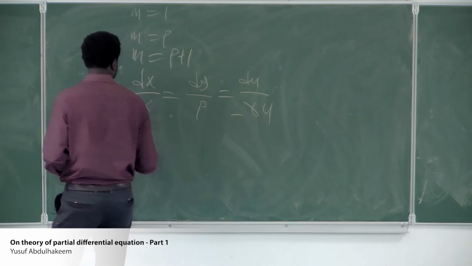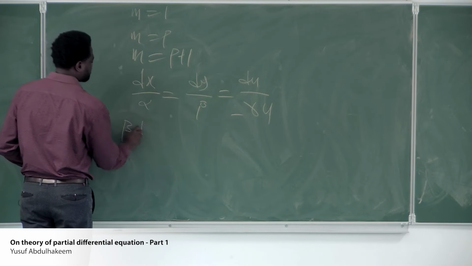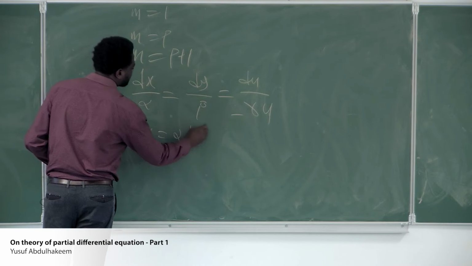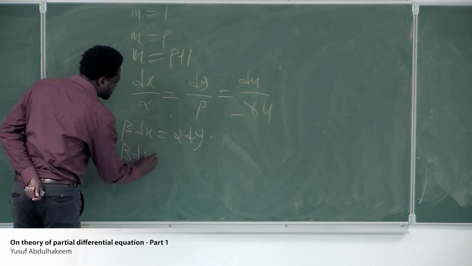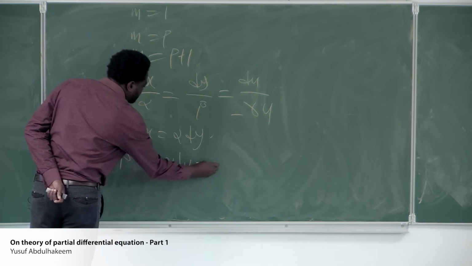So by the time we pick these two, we see that this will just give us beta dx equal to alpha dy. So here now we can have our beta dx minus alpha dy to be equal to 0.